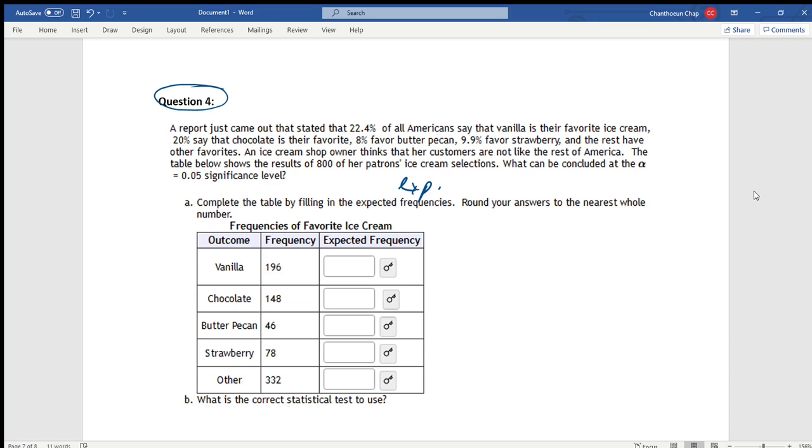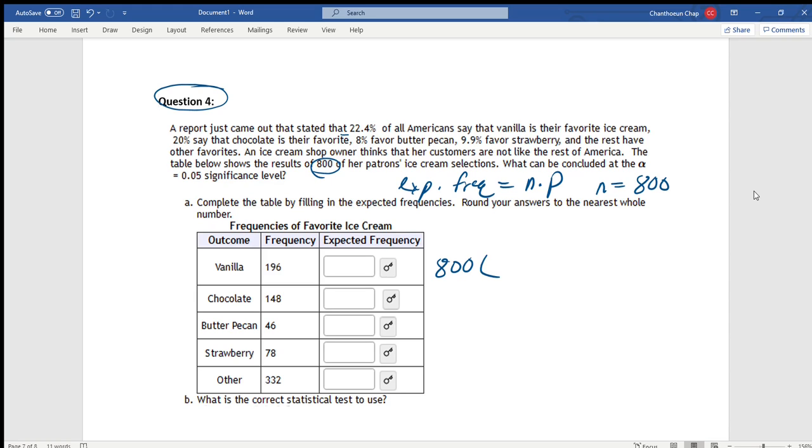We'll use the formula expected frequency is equal to n times p. We know n is the sample size, and that's 800. 800 people were selected for this study. So for the first row, we'll take 800 and multiply by the probability.